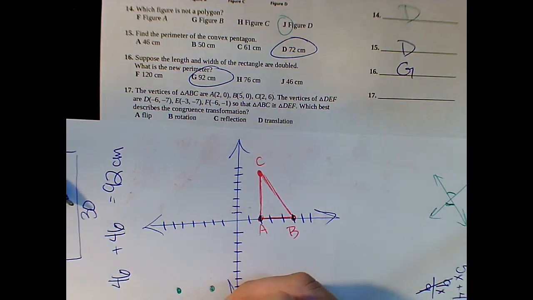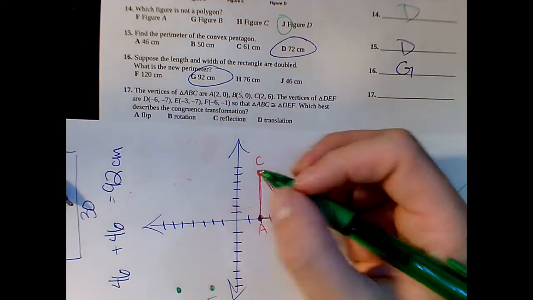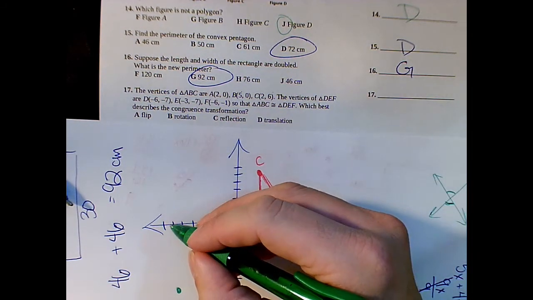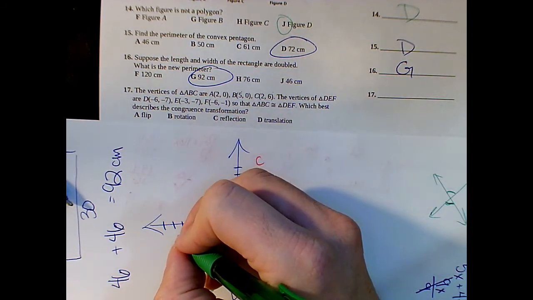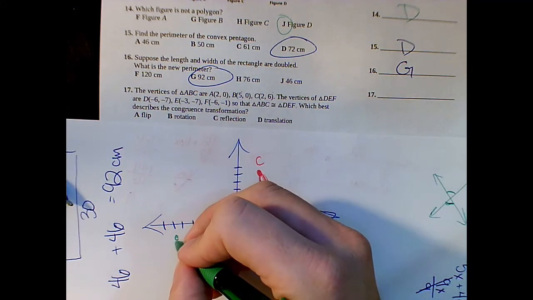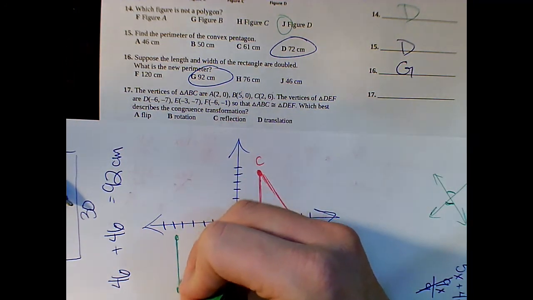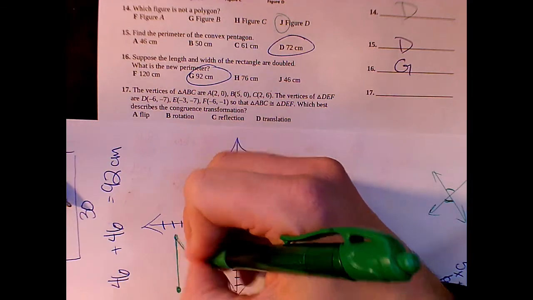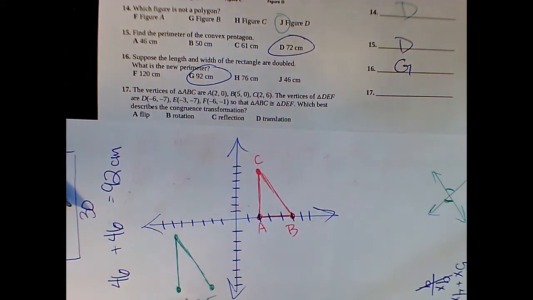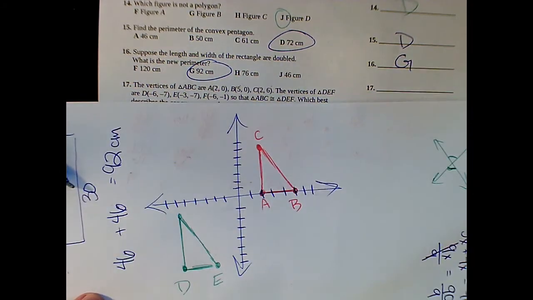And what is that? E. And F is -6, -1. They're the same size.